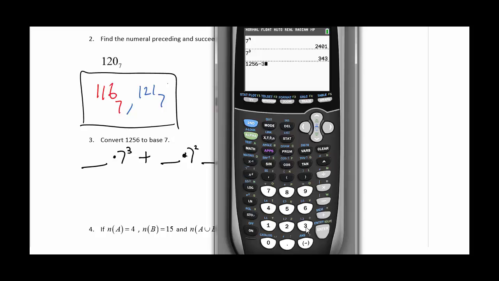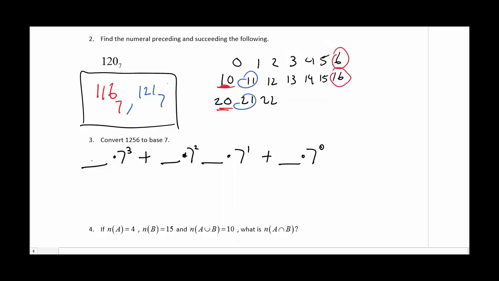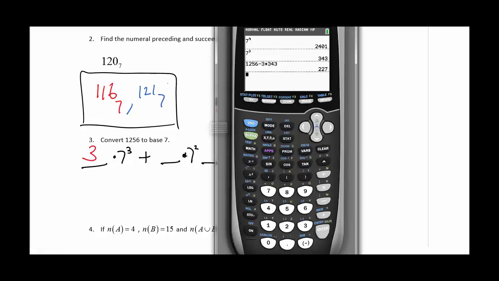Okay, so I want 1256 minus, and we said it goes in there 3 times, so 3 times the 343 gives us 227. But I already have my first digit of my expansion here. That would be the number 3. Okay, so next up is 7 squared.